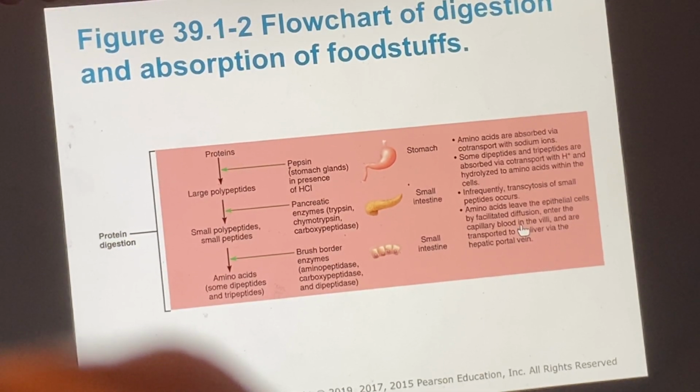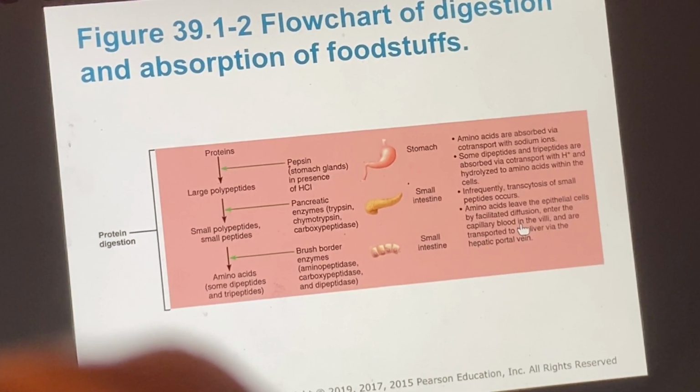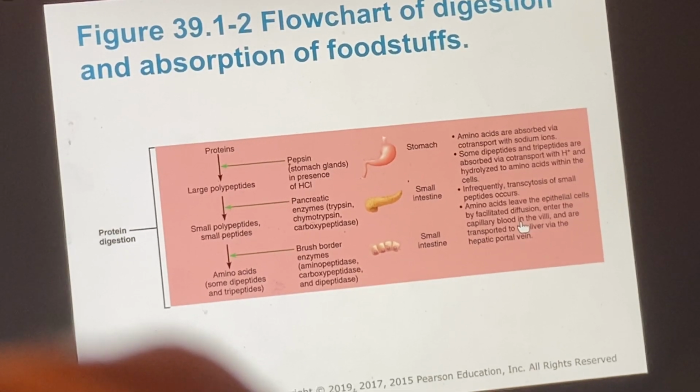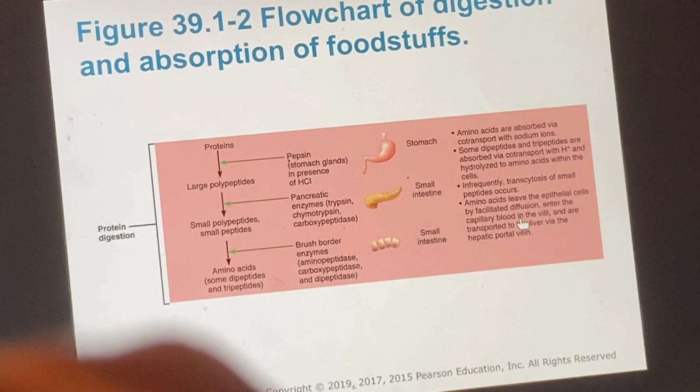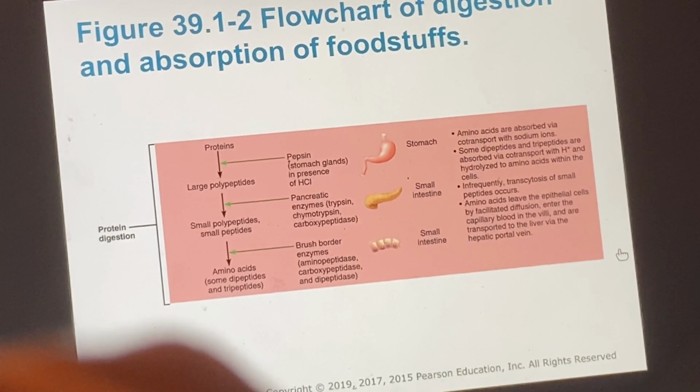Always like that in digestion. So the hepatic portal vein has a very big role in the absorption and circulation of the nutrients that we take in. So that's for the protein.